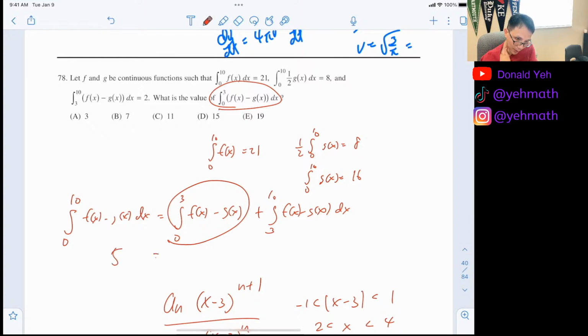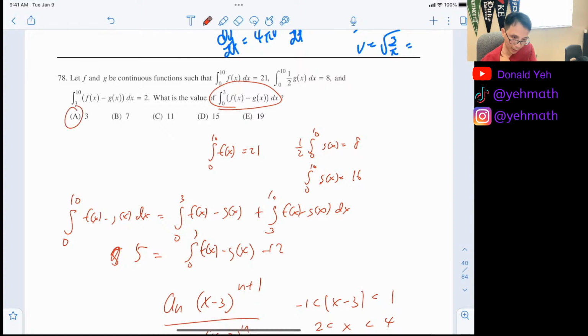And this one, 3 to 10, is 2. So this is a 5. This integration from 0 to 3 of f of x minus g of x, plus 2. So therefore it's gonna be 3. So my answer is A. Did I do it right? Cool. I had the whole process down, I just thought it was 4.